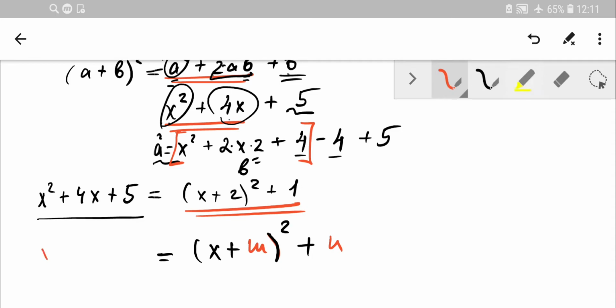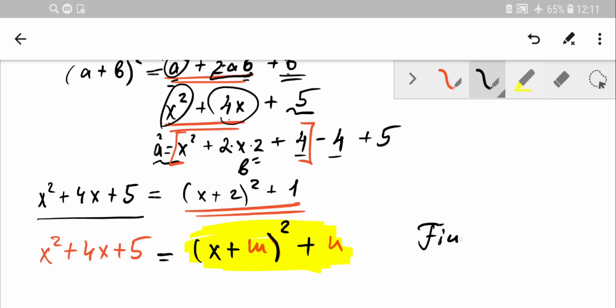That's what we're going to have instead of x squared plus 4x plus 5. So we use a pattern, or a sample, or the formula. Our goal is to find m and n.